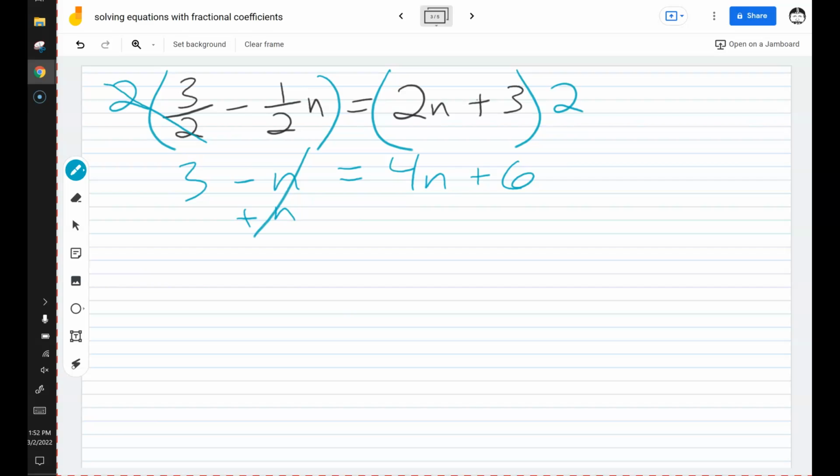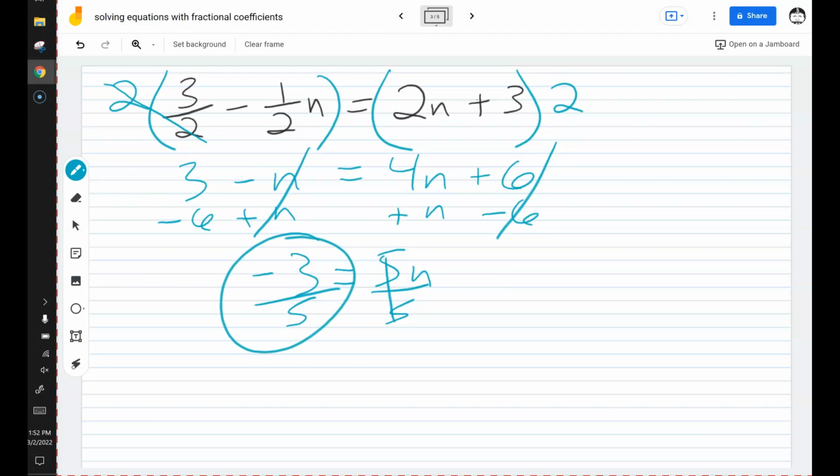Add the n. I like a positive n, so I'm going to put them over here. Take away the 6, and we'll end up with negative 3 is equal to 5n. Divide away the 5, and we get kind of an ugly number, but negative 3/5 is what we get for n.